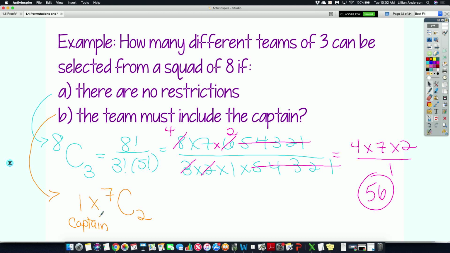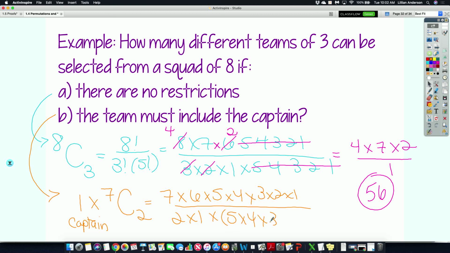No calculator needed here. This is nothing but 7 times 6 times 5, 4, 3, 2, 1, all over 2 factorial times 7 minus 2, so that's 5 factorial. I can take out the 5 factorial, and 2 and 6 reduce down.